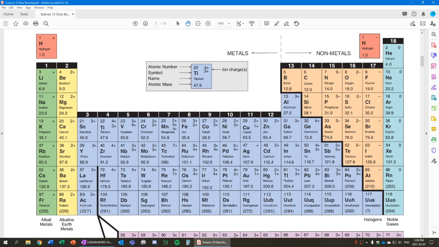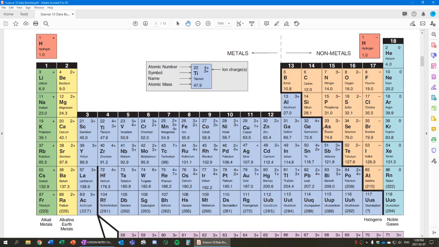You notice there's a staircase here. This staircase divides our metals from our non-metals. Now the elements that hug the staircase, aka silicon, germanium, arsenic, antimony, and so forth, are called metalloids or semi-metals. They are the elements that share properties of both metals and non-metals.